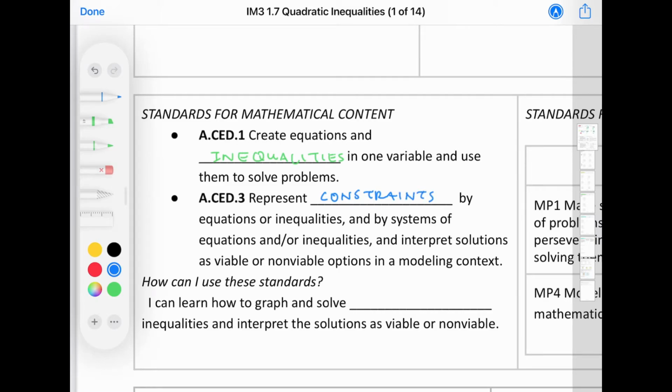By equations or inequalities, and by systems of equations and or inequalities, and interpret solutions as viable or non-viable options in a modeling context. How can I use these standards? I can learn how to graph and solve quadratic inequalities and interpret the solutions as viable or non-viable.